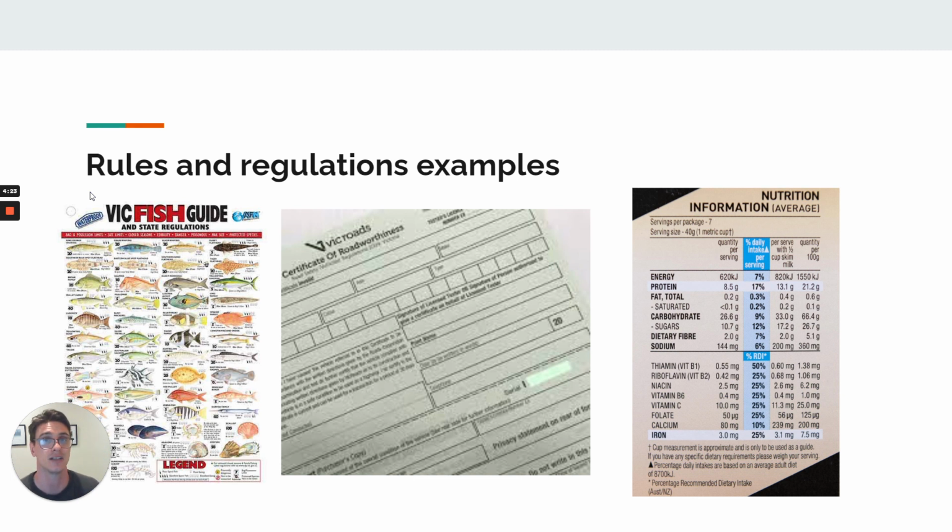So the government sets rules around if you want to sell a second-hand car in Australia, you need to get a roadworthy certificate from a mechanic, and that mechanic will give you an independent assessment of all the problems with that car and check whether it's actually roadworthy. So what that does is reduce the imbalance between the seller of a second-hand car and the buyer of a second-hand car.